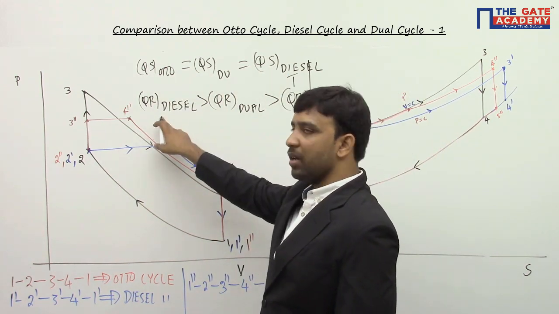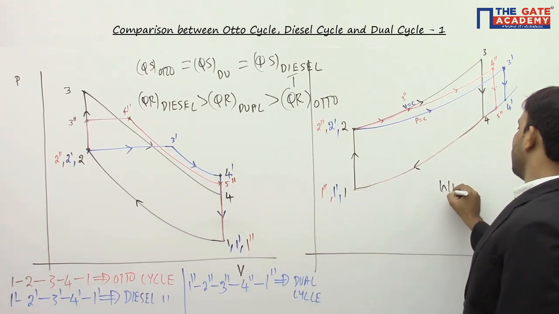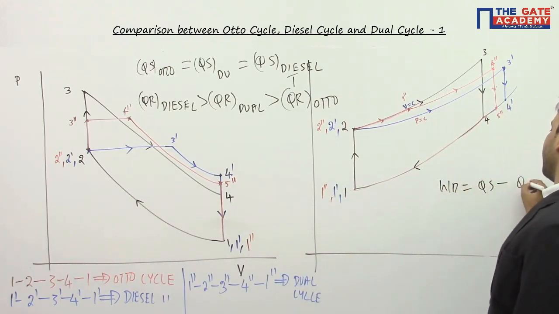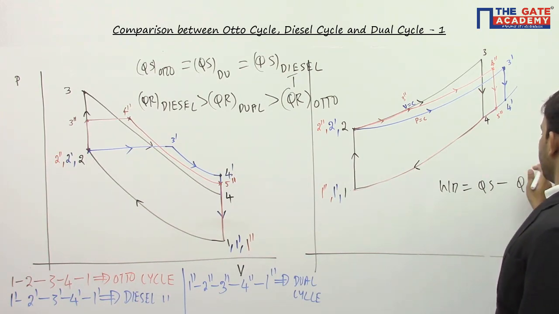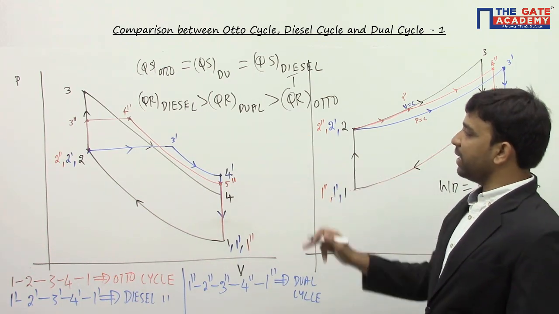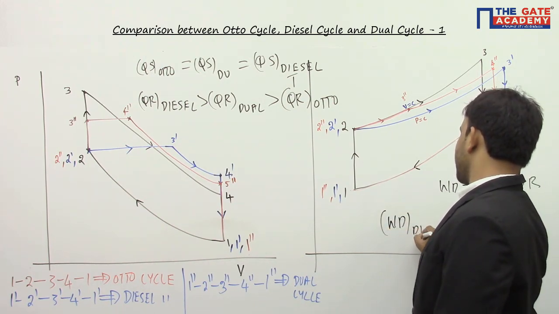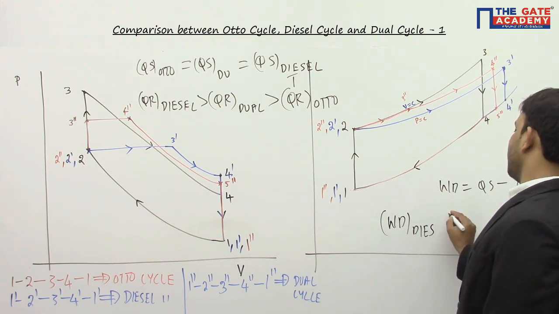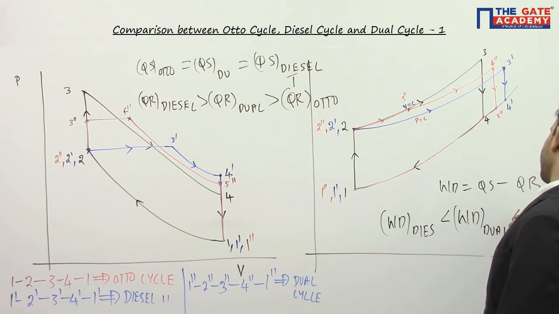Work done is heat supplied minus heat rejected. Heat supplied is constant for all the cycles, so whichever cycle has more heat rejected will have less work done. For the diesel cycle, heat rejected is more, therefore work done by the diesel cycle is the least. Next comes the work done by the dual cycle, and the highest is the work done by the Otto cycle. In the Otto cycle, the heat rejected is less.